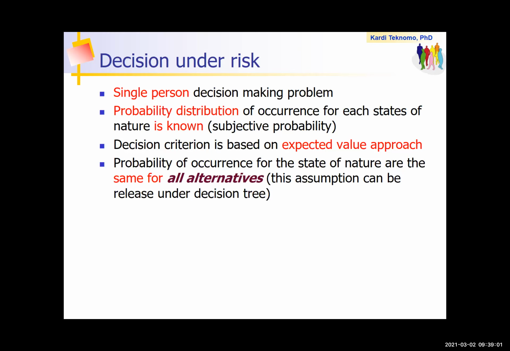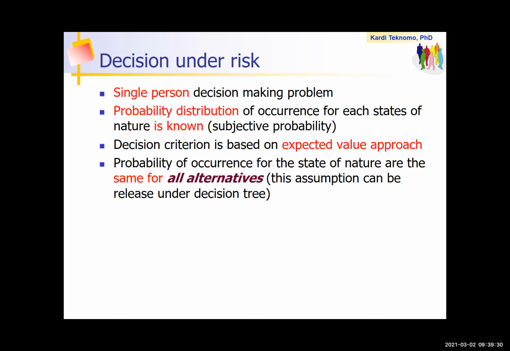Decision under uncertainty, decision under risk, and decision under utility are one person decision-making problems. Now, in decision under risk, the probability distribution of the occurrence of each state of nature is known. So how do you get that probability? This is called subjective probability.